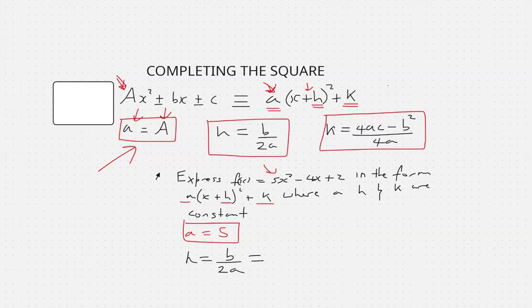Negative 4. So that's going to be negative 4, all over 2 times A, and A is 5. So this works out to be negative 4 over 10. 2 times 5 is 10.